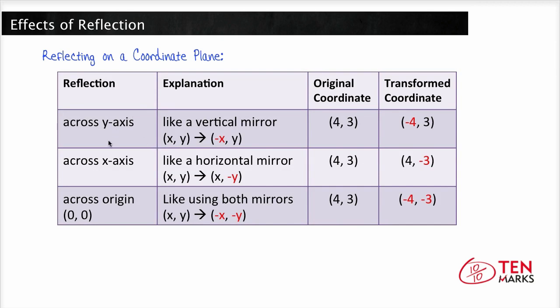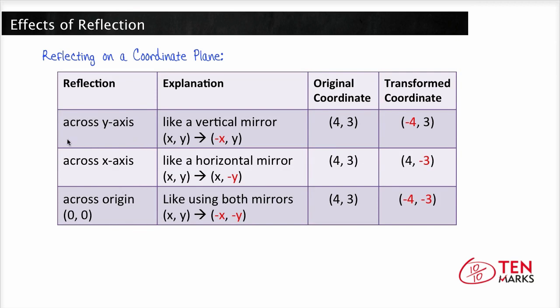Now that you have an idea of what a reflection looks like, let's learn about reflections on a coordinate plane. When a point is reflected across an axis, its coordinates change depending on the axis of reflection. Some popular axes are the y-axis, the x-axis, and the origin.